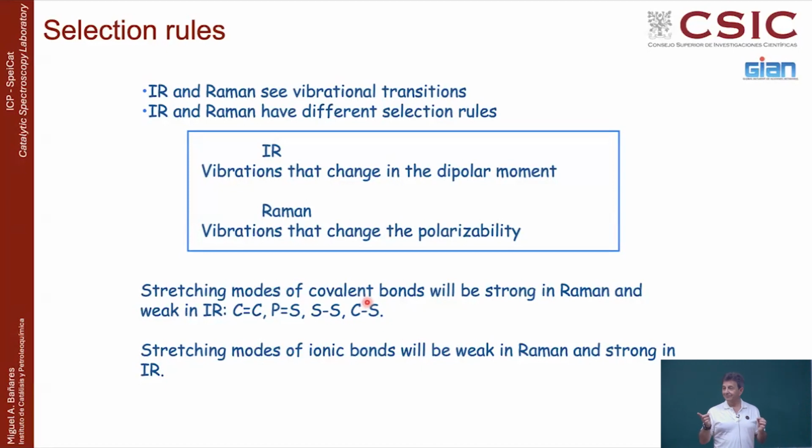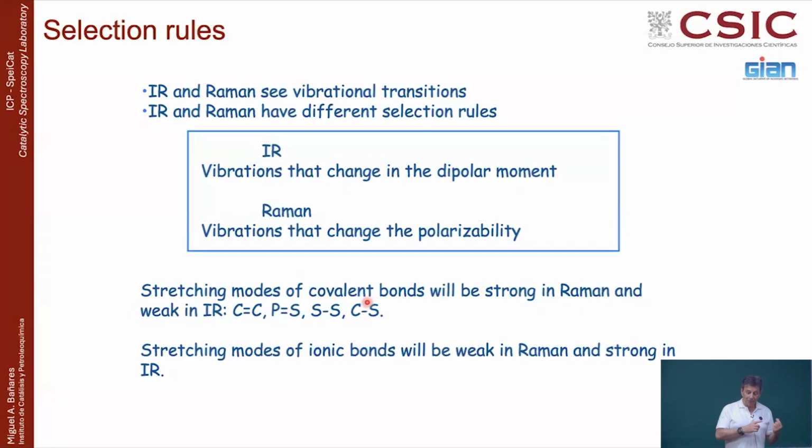Charge. Exactly, you have a positive and negative charge, and if this vibration is moving and this is positive and this is negative, when they move, these charges are closer or more distant, there is a change in the dipolar moment. Now these kind of vibrations are typically observed by infrared spectroscopy.